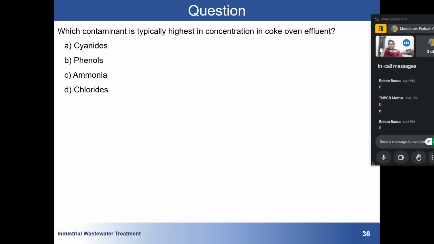Which contaminant is typically highest in concentration in coke oven effluent? Cyanide, phenol, ammonia, chloride. Which is highest? Anyone?